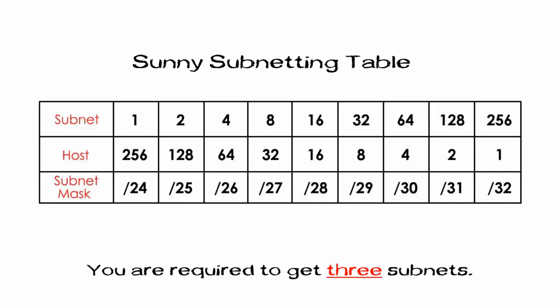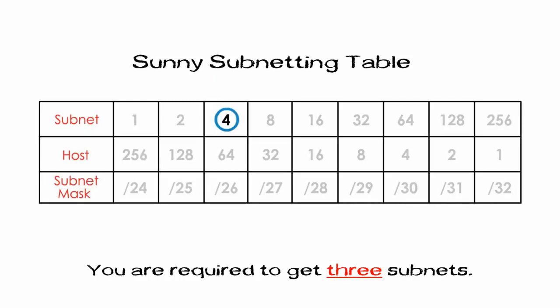Now look at the Sunny table and try to find the 3 subnets in the first, or top, row. Of course, there's no exact 3 subnets, but 4 subnets are suitable because we can get 4 subnets and choose any 3 subnets for Sunny Cafe.